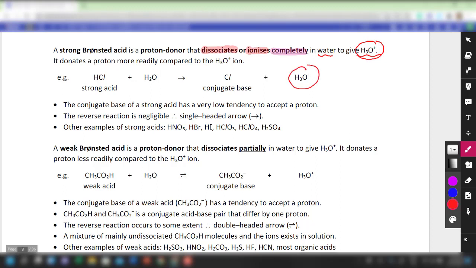But scientists have actually uncovered that it is more complicated than just H3O plus. It could be H3O plus stabilized by another water molecule or another two water molecules. So you can have species like H5O2 plus or H7O3 plus, and so on.